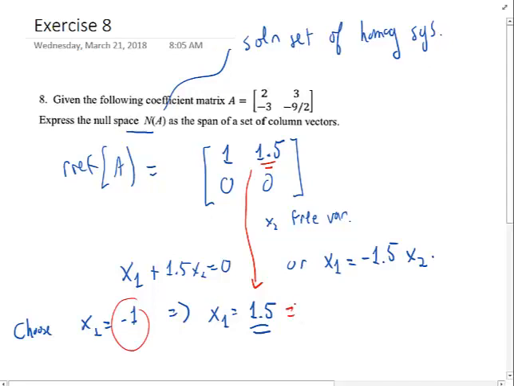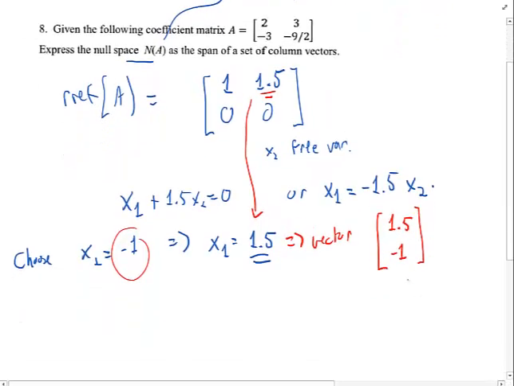So my vector is (1.5, minus 1). So this is a solution of the homogeneous system, and in fact any solution would be x2 times this.